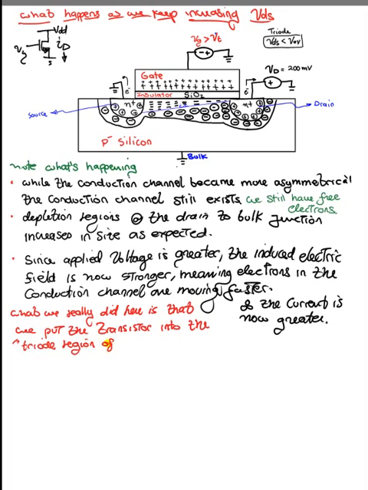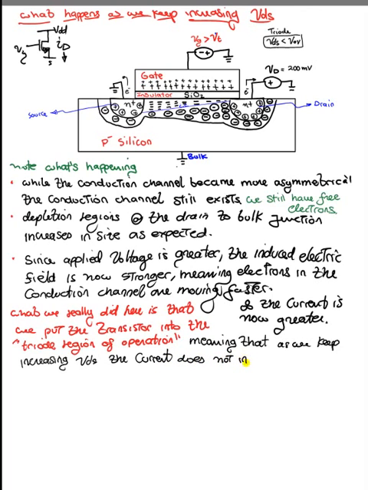Okay, meaning that as we keep increasing VDS, the current does not increase proportionally, but increases by lesser and lesser amounts. Right? So the transistor is operating non-linearly.